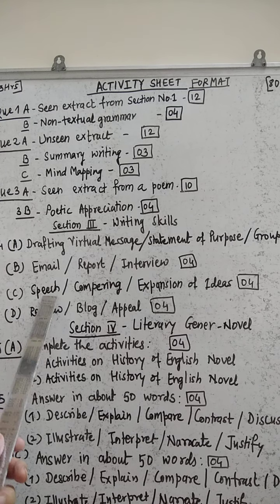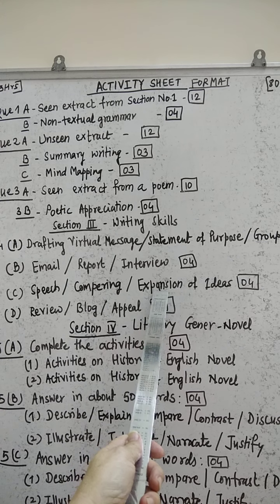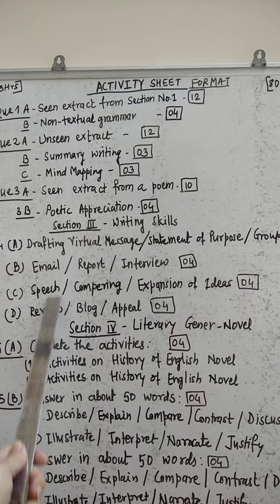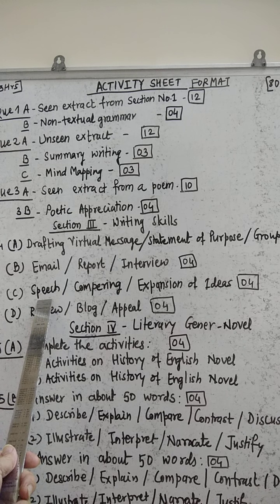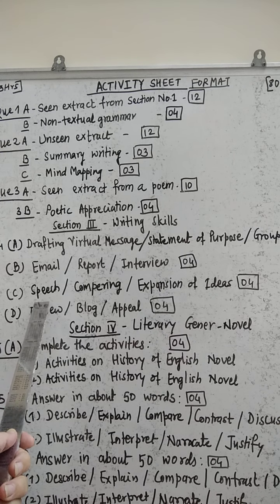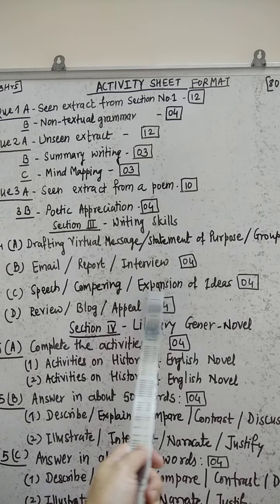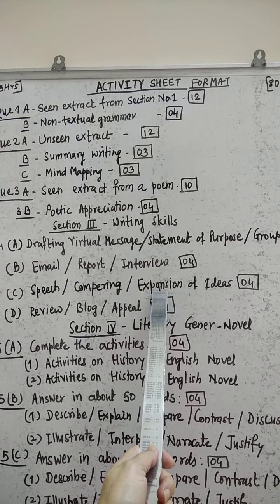So just as I have told you earlier, we are going to deal with every writing task separately in detail so that we will be able to attempt all these questions correctly. So how to write a speech, or how to write a script for compering a program, or how to expand the ideas.